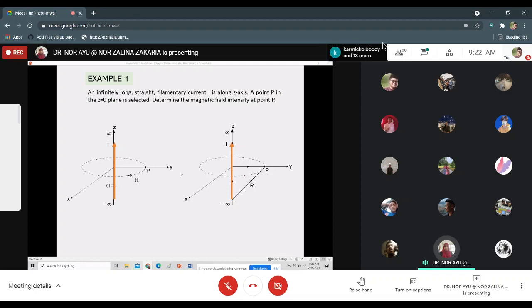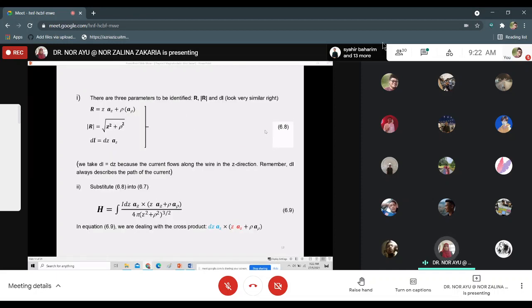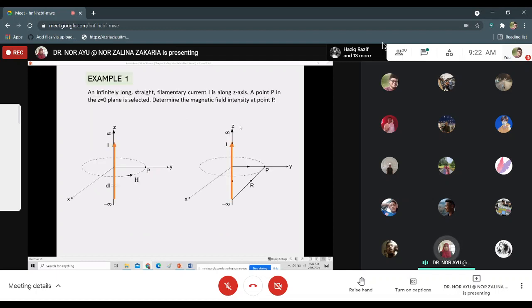All right, so what is the first thing that you need to do? Cara dia sama je macam electrostatic before this. Cuma dia hanya gunakan current. So what is the first thing that you need to do?